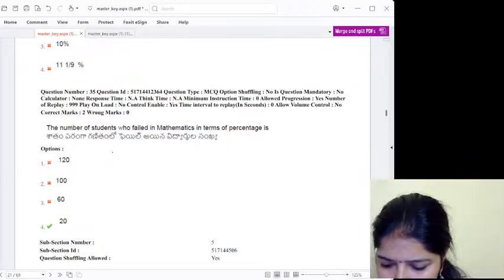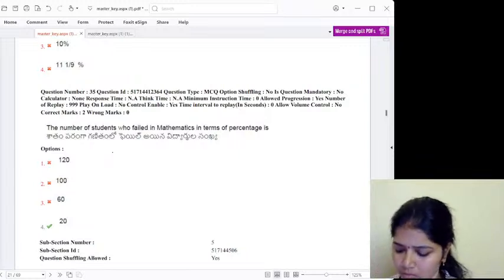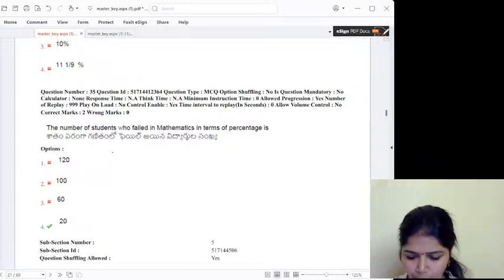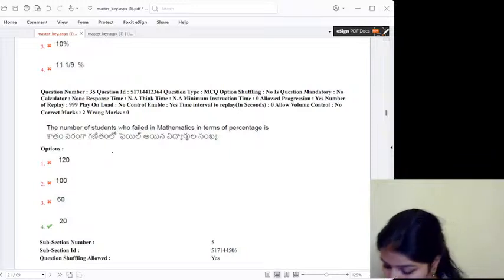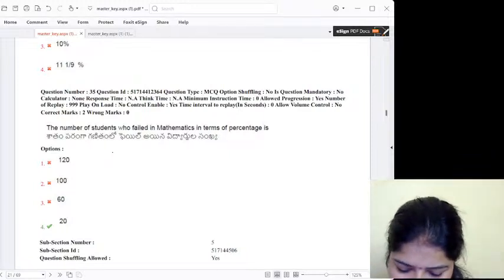The number of students, 34. They have given the pie chart. Following pie charts of the board exam, total number of students appeared is 77,000.